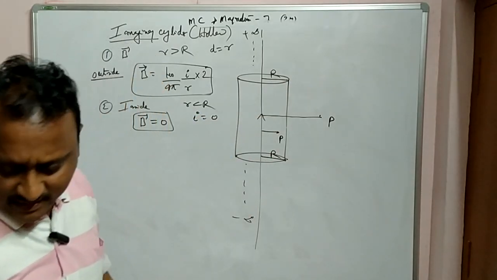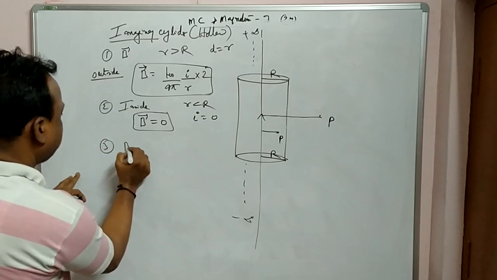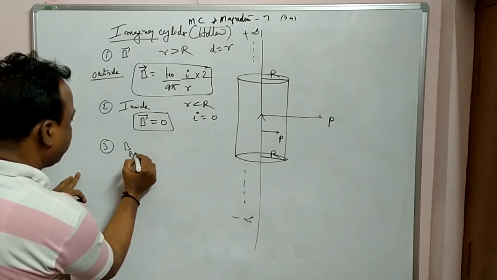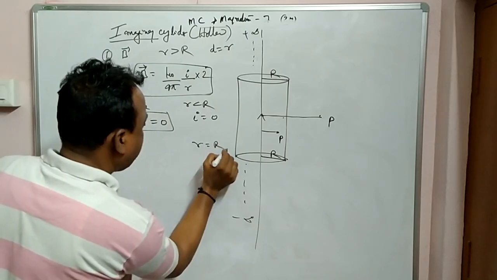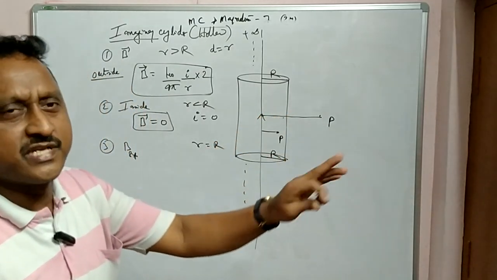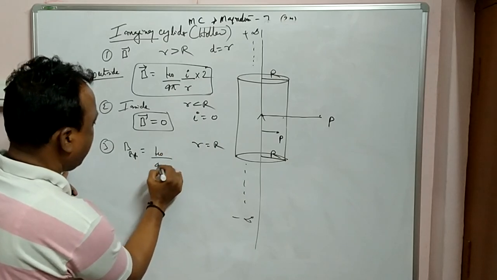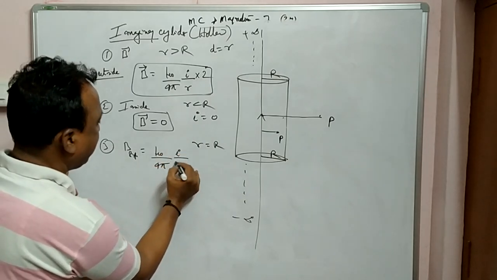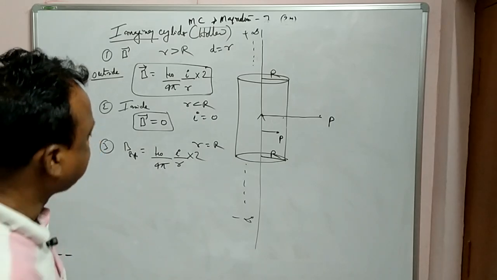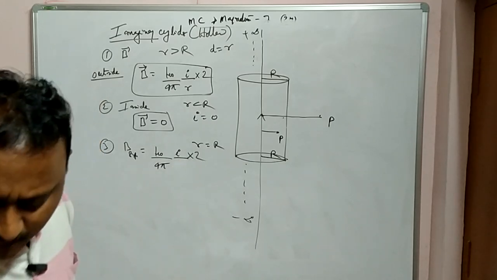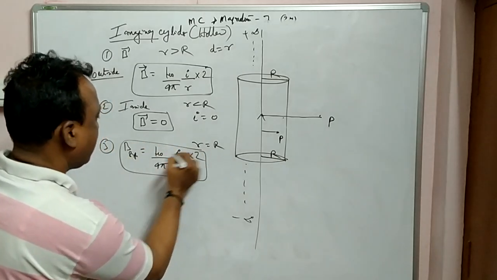Clear? And finally, the third one, on the surface. B on the surface means small r is equal to capital R. On the surface and outside the values are the same. So on the surface again B is mu naught by 4 pi I by D into 2, and here small r becomes capital R. Do you understand the point?